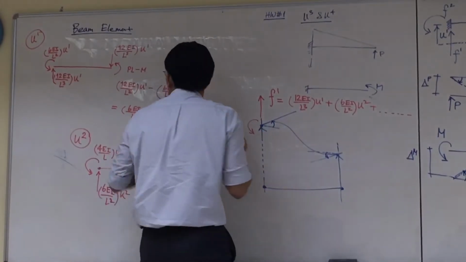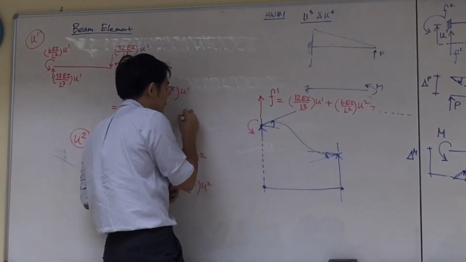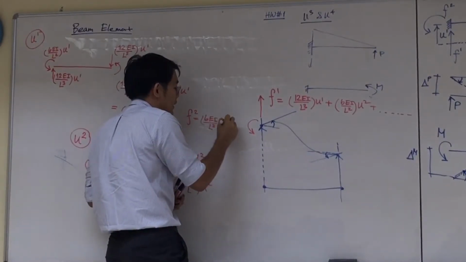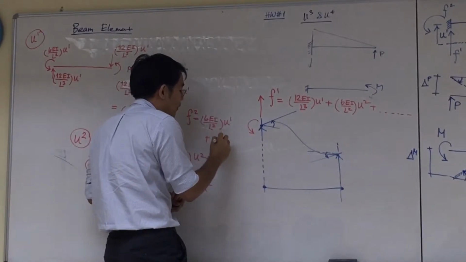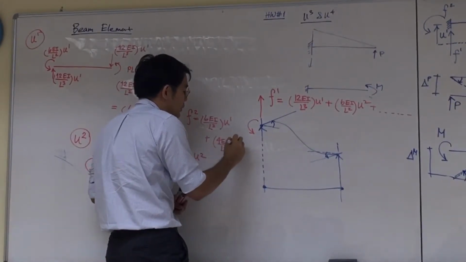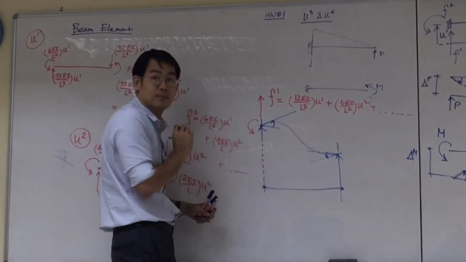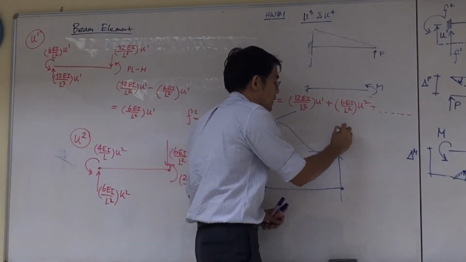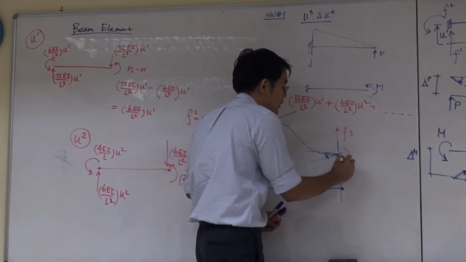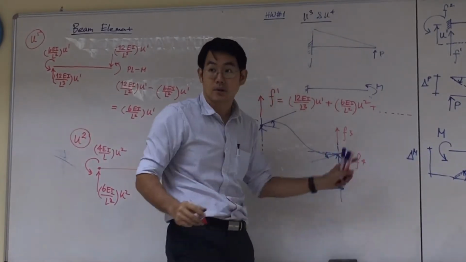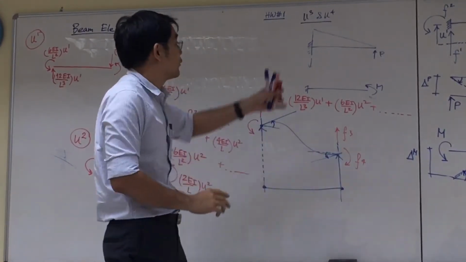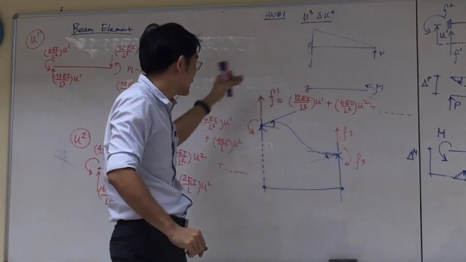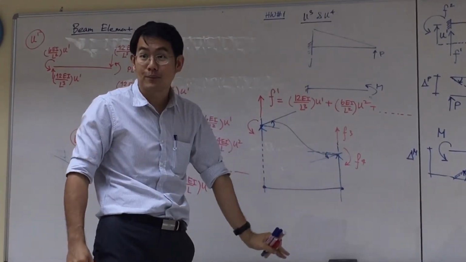For this one, you have F2 being 6 EI over L squared U1 plus 4 EI over L U2, and so on. F3 and also F4 you can do. Once you finish the remaining two cases, you can complete the pictures of F1, F2, F3 and F4.